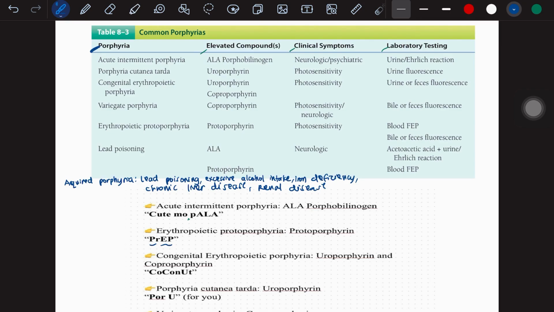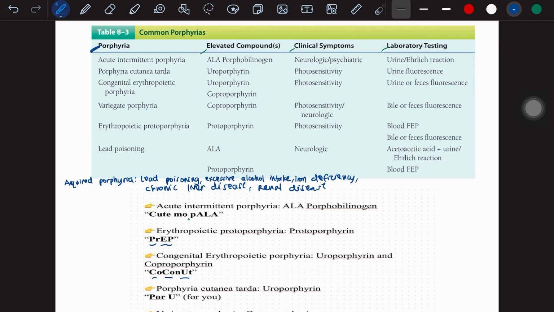What about the next one, congenital erythropoietic porphyria? Its elevated compounds are uroporphyrin and coproporphyrin. The mnemonic is coconut: congenital, coproporphyrin and uroporphyrin.